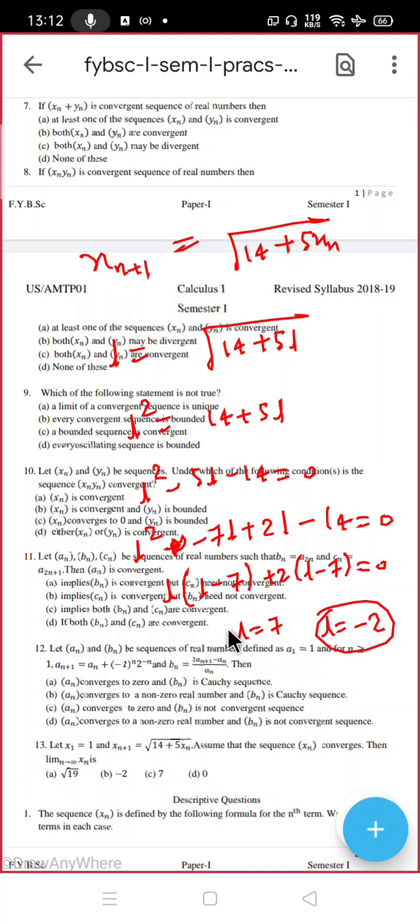So now you are having two values of L. Which one will be true for you? What do you think? Which one is the correct one? Both are in the option.